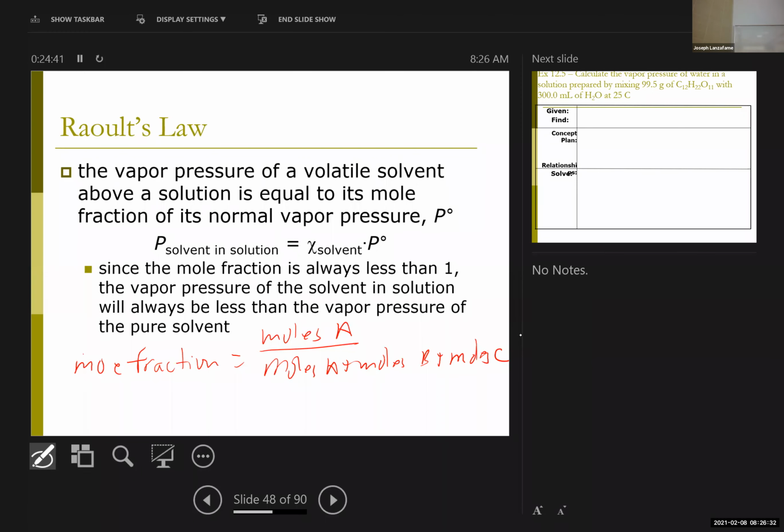A lot of times when you're talking about a solution, it's the chi of the solute that people tend to talk about. In the case of vapor pressure, it's actually the mole fraction of the solvent that matters.